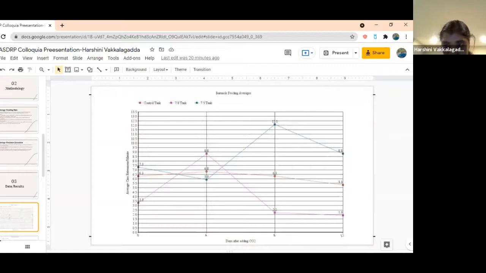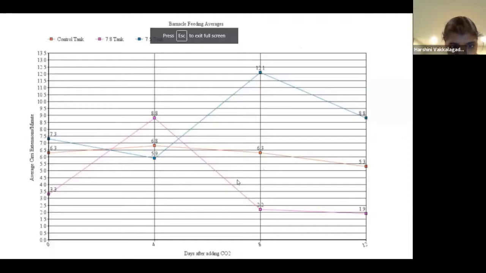This graph shows the data for the barnacle feeding averages.